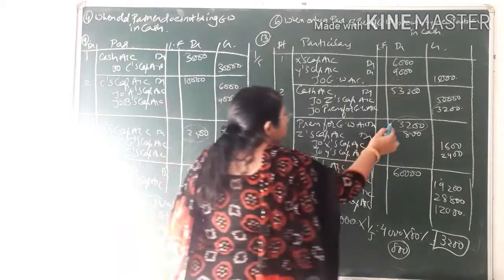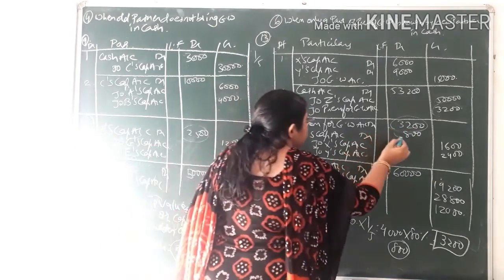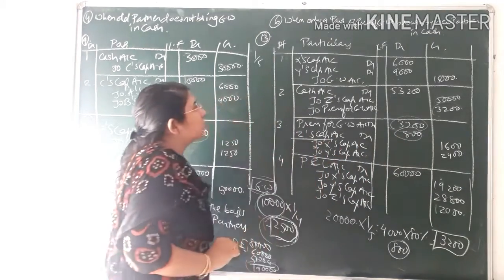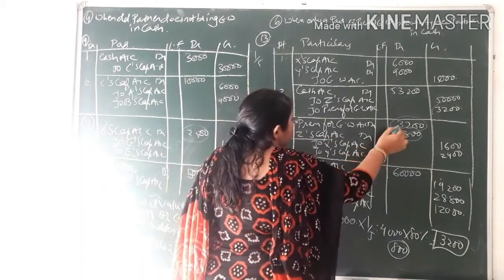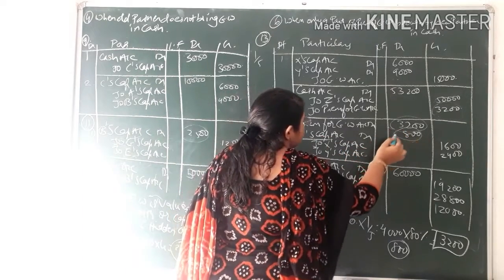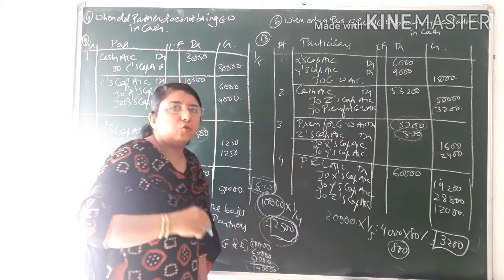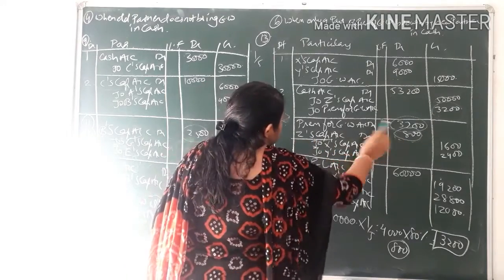So 3,200 he has brought, and the remaining goodwill is debited to his account. His account means new partner's account. Who is the new partner? That is partner Z. So the goodwill difference, out of 4,000 minus 3,200, remaining is 800. That 800 is still due from him. It means it is to be received from him. So his capital account will be debited by rupees 800.